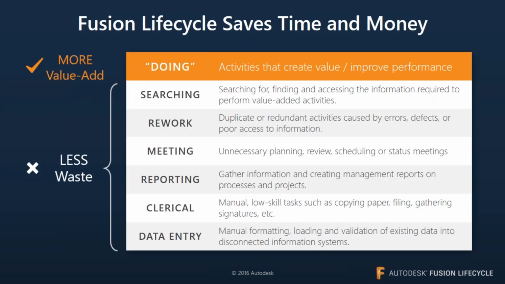So Fusion Lifecycle, in a nutshell, is helping you save time and money. It provides value where a lot of the things people are doing today don't actually provide value or performance in your product line. Things like searching for information, or reworking because you've got a duplicate part and didn't realize you already had something similar.